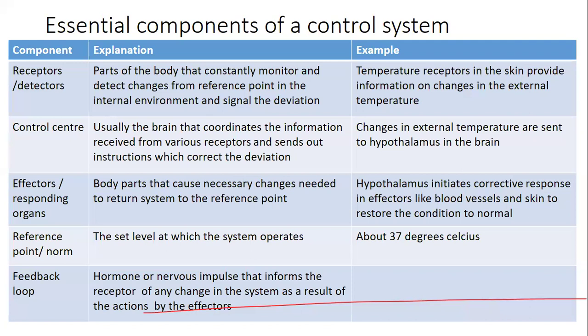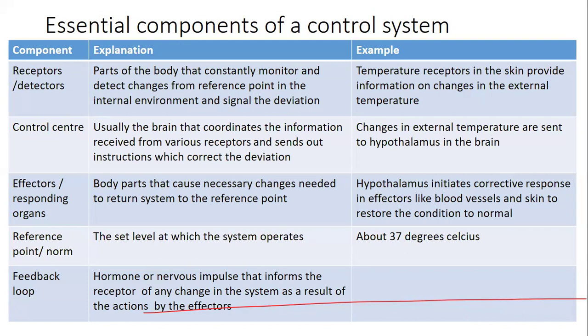The control center is going to use this information to cause a necessary corrective measure so that the deviation does not affect the body. That deviation does not change how the body functions.